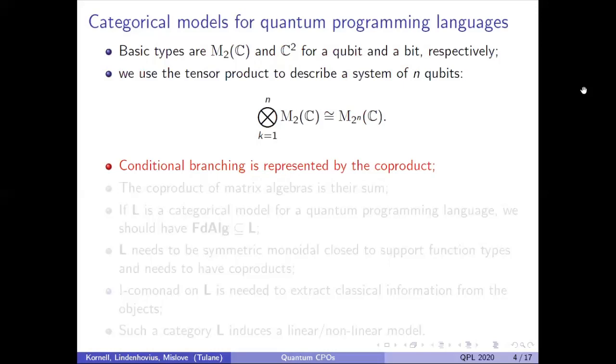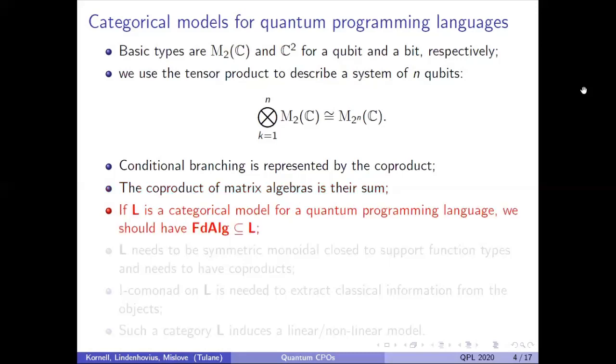In most programming languages, conditional branching is represented by the coproduct. In case of matrix algebras, that's just their sum. And it's a theorem that all finite dimensional algebras over C are isomorphic to a finite sum of matrix algebras. And as a consequence, we require that any categorical model for a quantum programming language should contain the finite dimensional algebras as a subcategory.